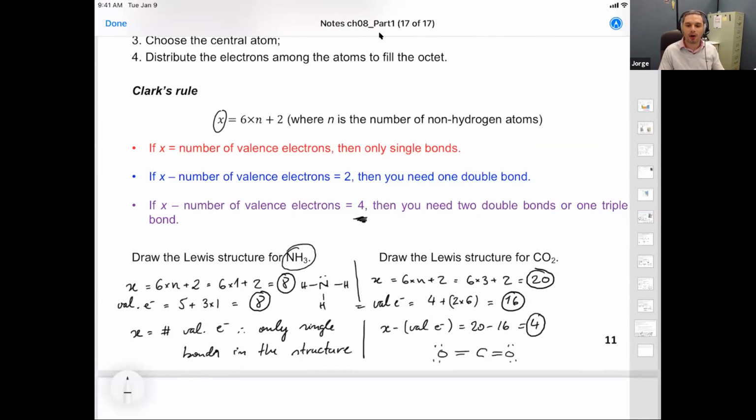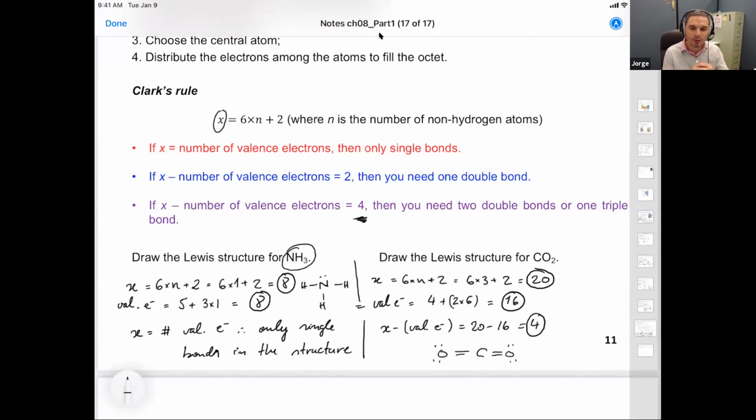And that's how the Clark's rule can help you draw Lewis structures. Start with the Clark's rule, then you have an idea if there are single, double, or triple bonds. Then remember, hydrogen will always make single bonds, and all the elements from group 17 will always make single bonds as well. With that, you have a very good starting point.